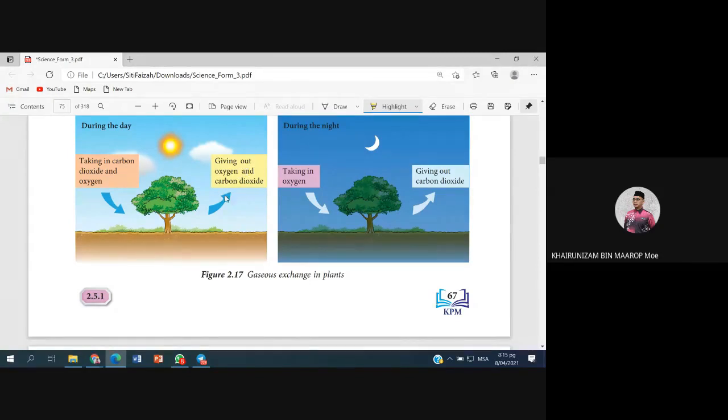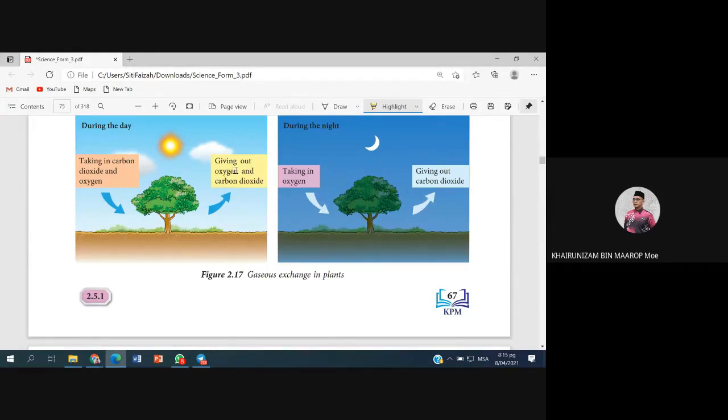Actually, plants also take in oxygen but a little bit, and still release carbon dioxide but a little bit.